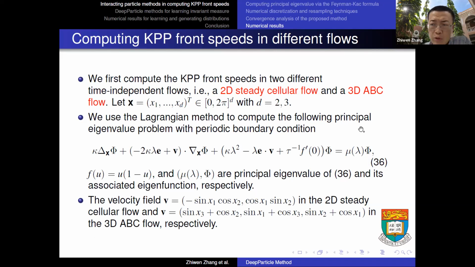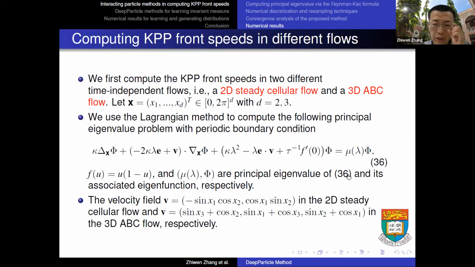Let me show you some results that give you the motivation. Why do we need to develop the particle method? The first several slides are convergence results. For 2D cellular flow and 3D ABC flow, these 2 are time independent, we solve this elliptic type eigenvalue problem.